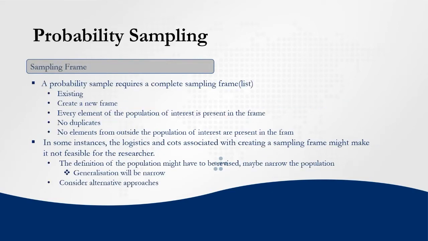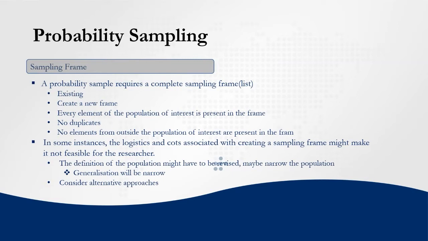Going back to the frame, to put more meat on it: with probability sampling, you need to have a sampling frame. Either the frame exists, meaning, okay, I want to survey teachers, so I can access the Department of Basic Education, if that is the correct department, I'm not sure, or maybe DPSA.